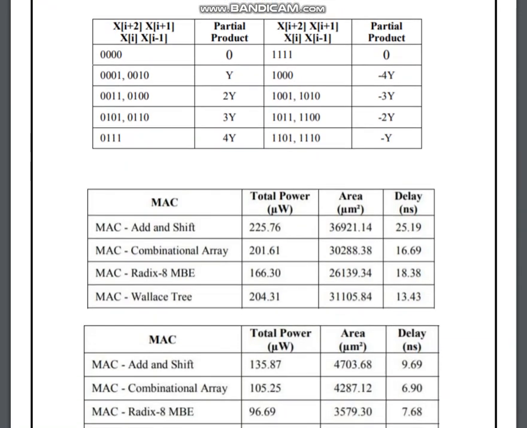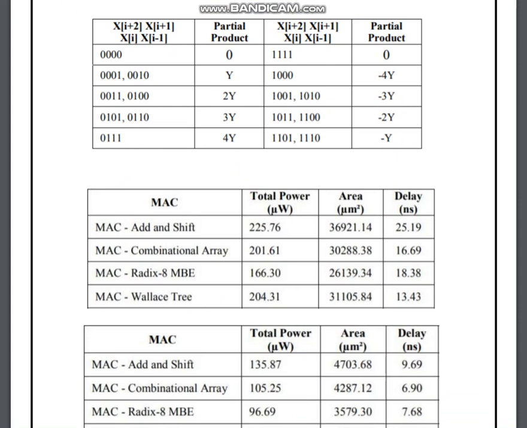And you would be wondering what MAC is. MAC has a few operations as you see here, which show how much power each operation has in itself. Add and shift has 225.76 microwatt, and it takes up an area of 36,921.14 micrometer square.